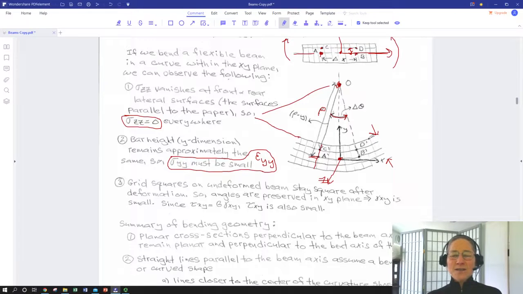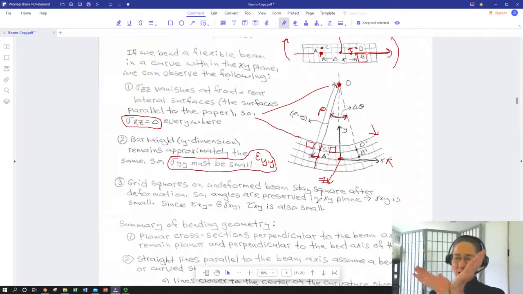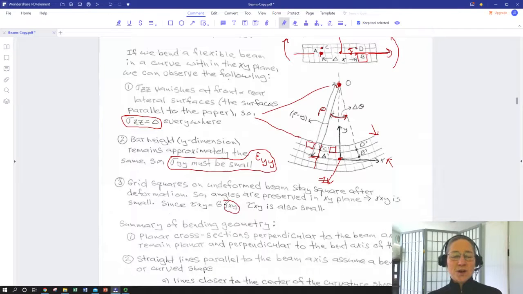We're also going to assume that the grid squares here stay pretty much square as we bend it. Obviously, they're going to deform a little bit, but not significantly. If these squares stay pretty much square, then we know the definition of a change from a right angle to an acute angle or an obtuse angle is defined as our shear strain.